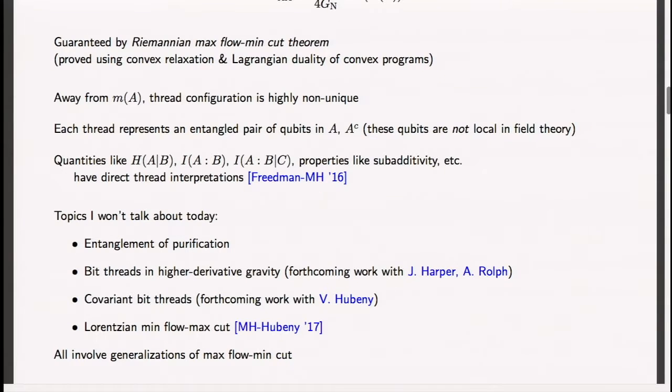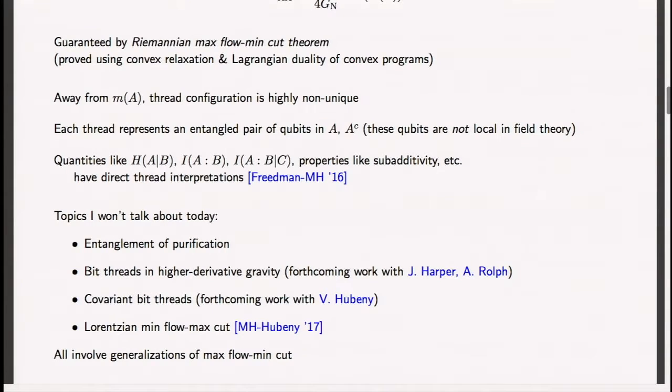All of these are generalizations of the Riemannian max-flow min-cut theorem. There's a lot of really beautiful, interesting math having to do with applying convex optimization theory to geometrical problems, which I'm going to hide today. All of the mathematical machinery that actually makes this work, I'm just going to cover under the hood.